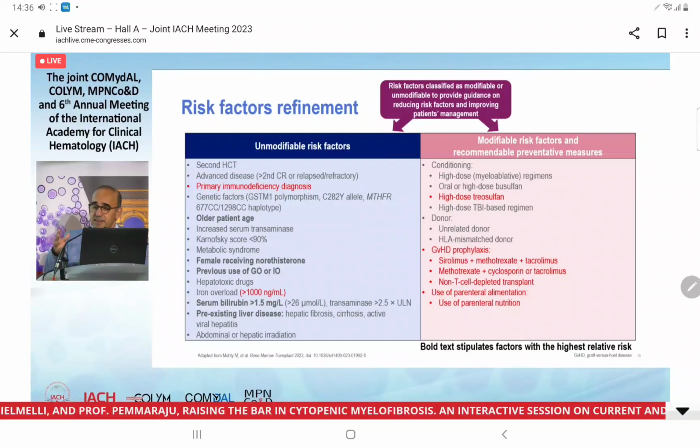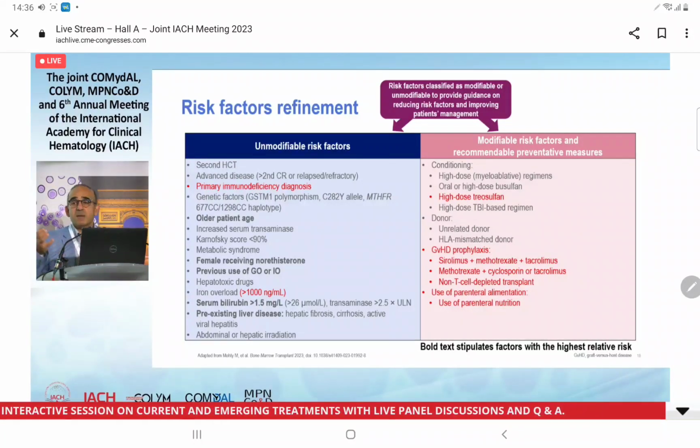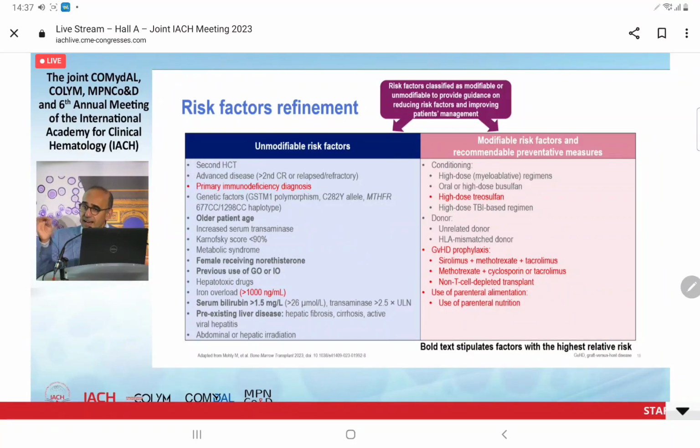The other thing, in order to avoid the shopping list, we try to tidy it up, but also to have a sort of relative risk. What are the most important ones? Because in a huge list, maybe 3 or 4 factors are the most important. And this is what you can see in bold here. I will not go into all the details, but for instance, identifying the use of gemtuzumab or inotuzumab is crucial as a risk factor.